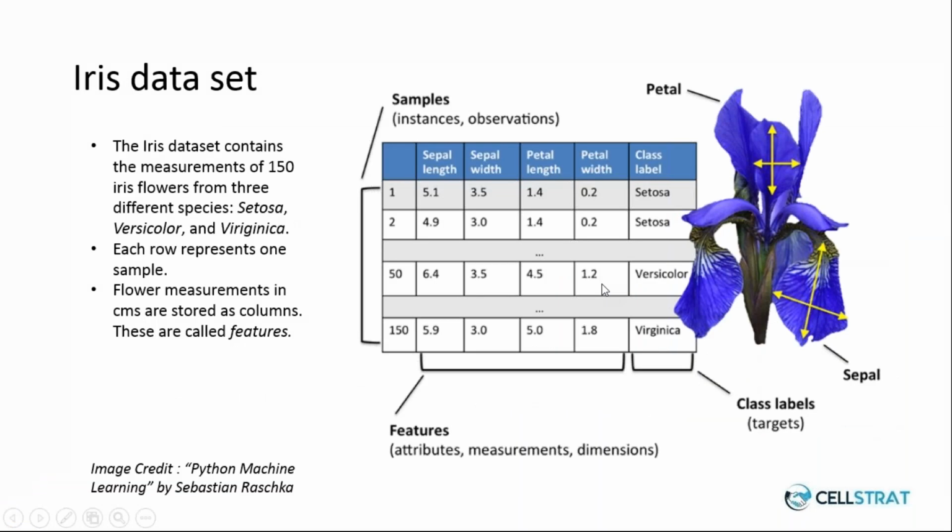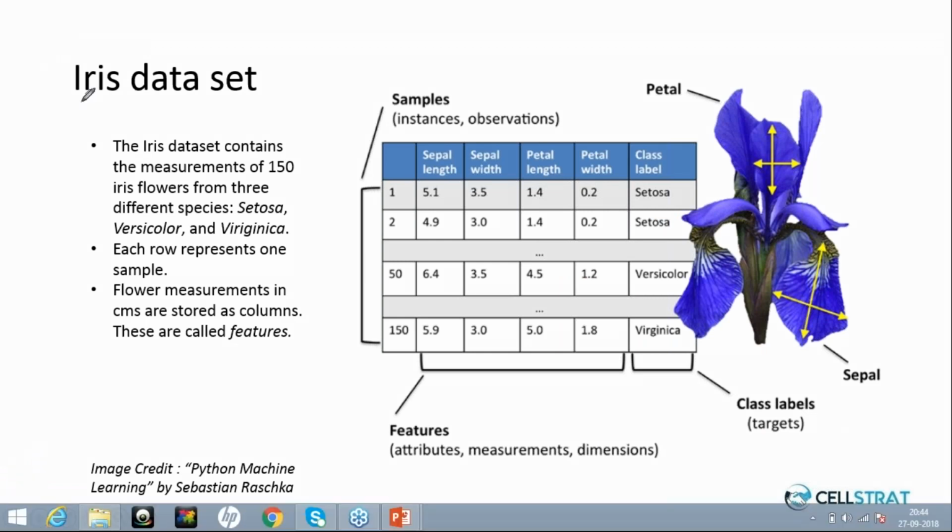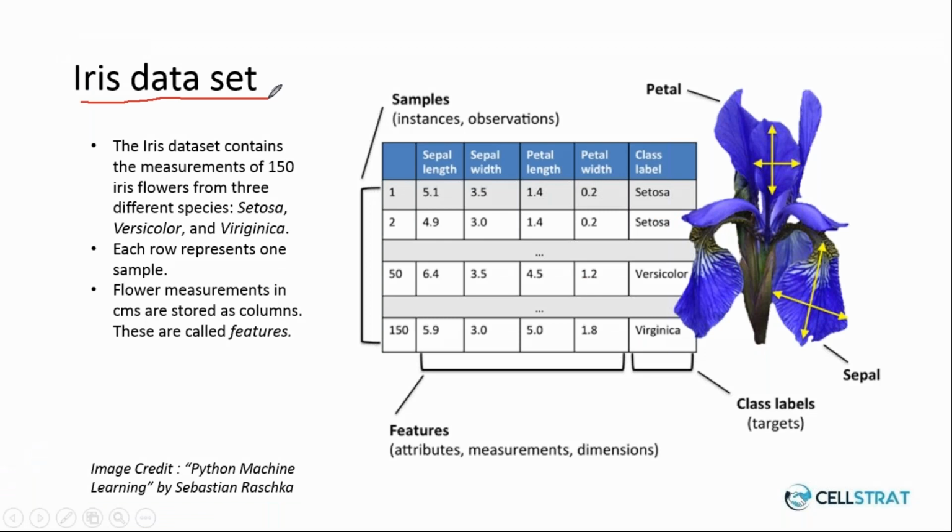Now, a data set I would like to bring up here. Some of you who have operated in the machine learning space might be familiar with the IRIS dataset. The IRIS dataset is a database table with 150 samples. Iris is the name of a species of flower, and it has three subspecies: setosa, versicolor, and virginica.